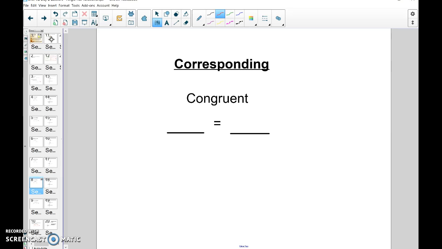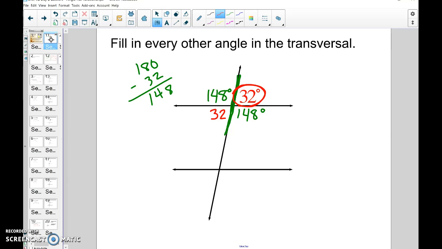Some of the other ones, like alternate interior, exterior, I can't just pick any angle, but there's always a corresponding angle to this guy. If I look here, this is in the top right-hand corner of this little four-numbered group, which means its corresponding angle would be here, which is also in the top right-hand corner of this little group. That's how I figure out how to jump from this group to this group.